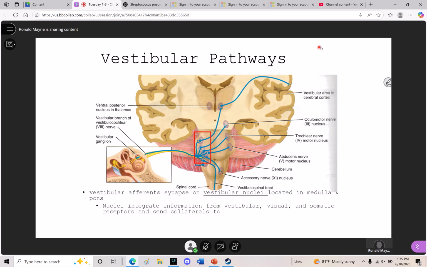Okay, a couple of pathways. The neurons are actually located in a ganglion inside bone. The ganglion is called the vestibular ganglion.